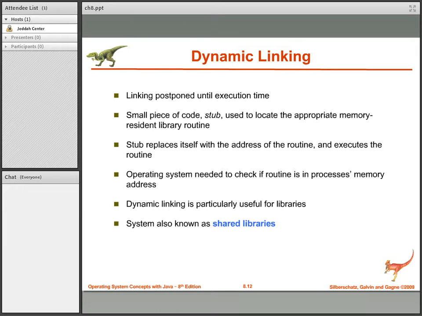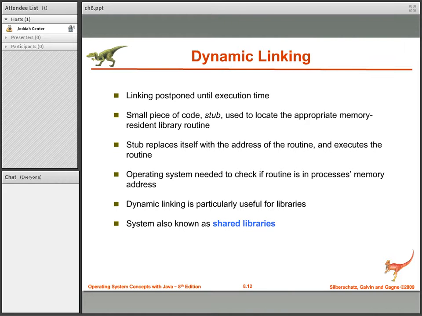So instead of dealing with the resident library routine, you deal with the stub instead. And the stub locates the routine that you are dealing with.